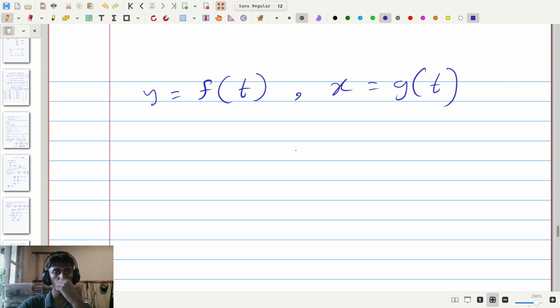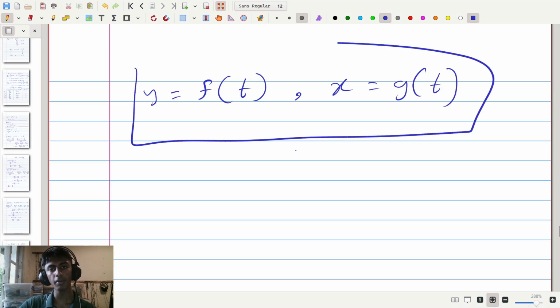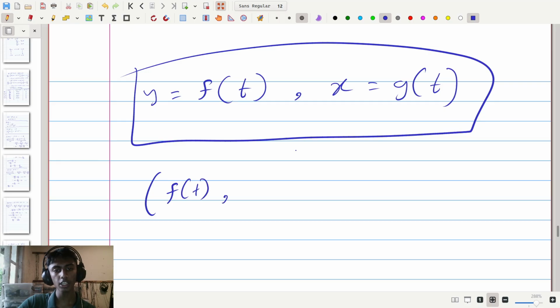So y is given by some function of t, x is given by some function of t, and points on this are given by a combination of f of t and g of t. Any point represented will be of the form f of t, comma, g of t, and for our syllabus, t is going to be an element of the real numbers.